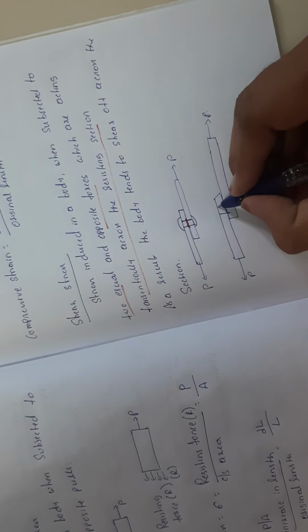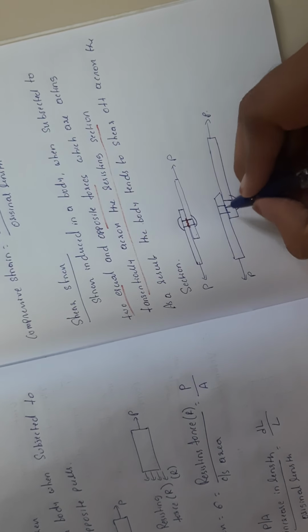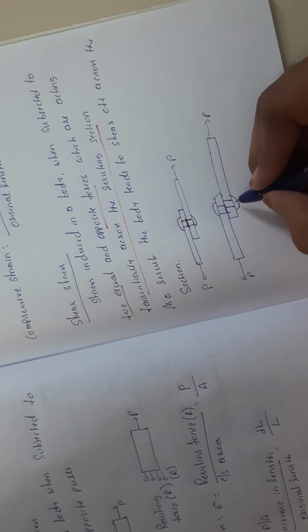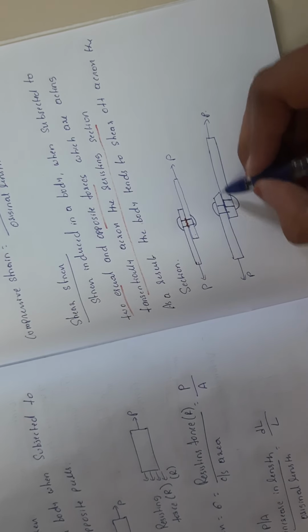It will happen like this. This portion will come like this, and this portion will come like this. This is the rivet. So the rivet will fail here like this.